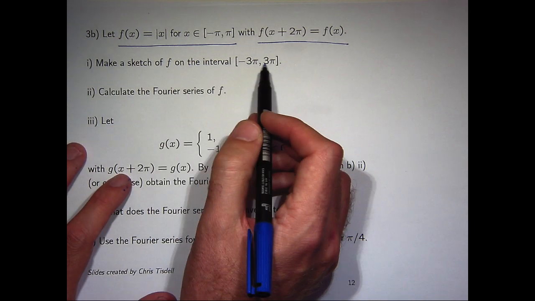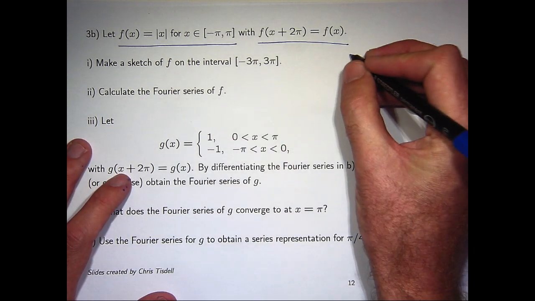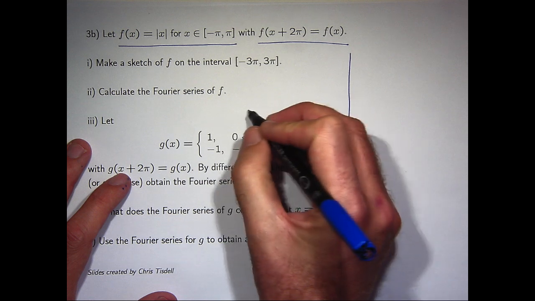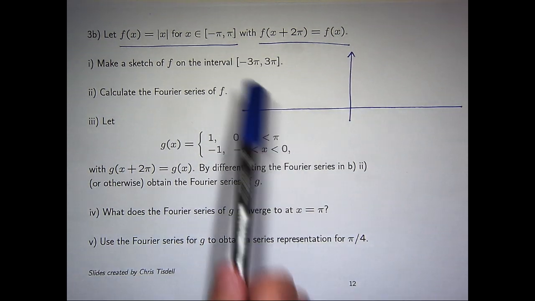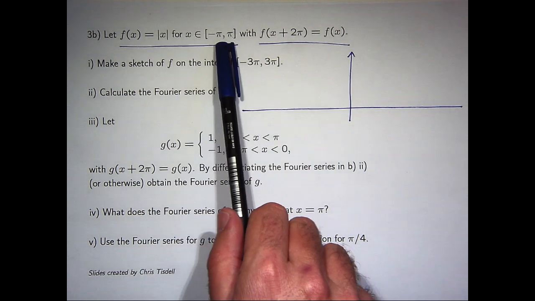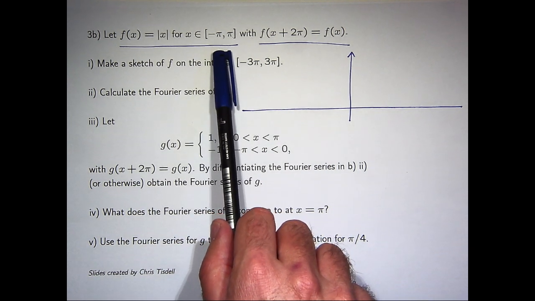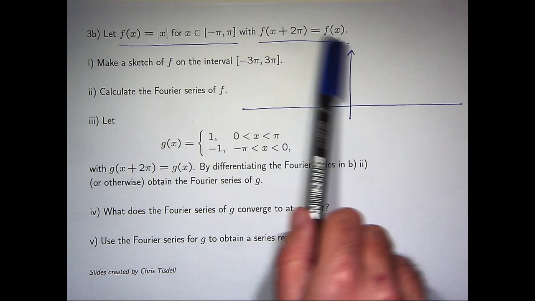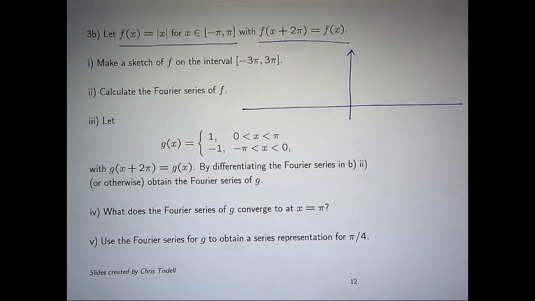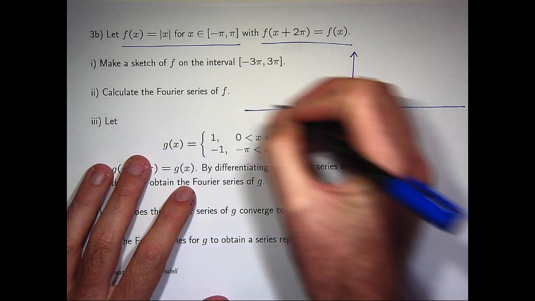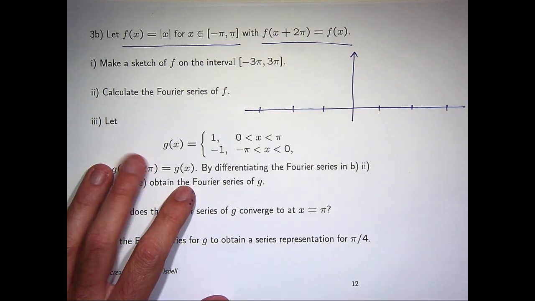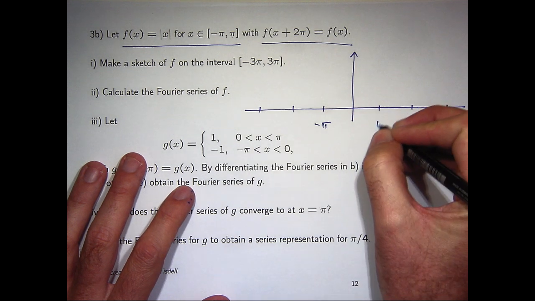Make a sketch of f on this interval. What I like to do is just sketch this function on the interval, say, minus pi to pi, and then use the periodicity. So you sketch the function, and then you copy what you've got, move it and paste. Okay, so let's say this is the interval of interest.